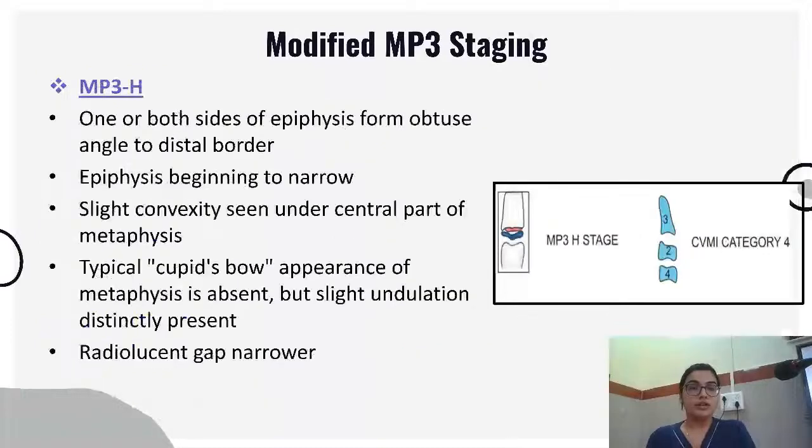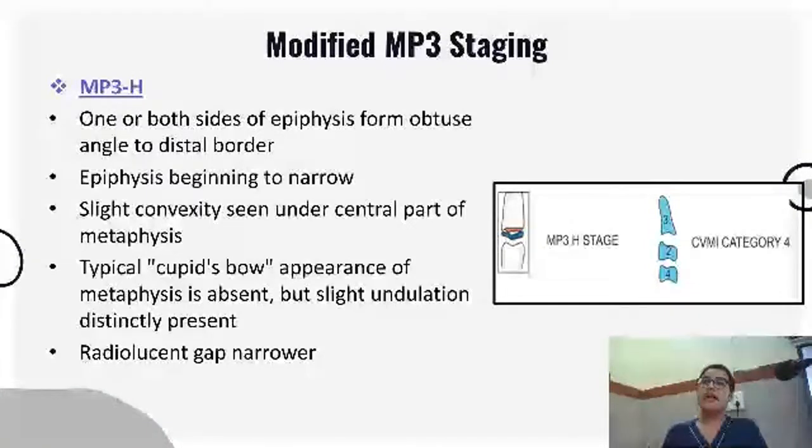In MP3H stage, the epiphysis begins to narrow, with an angle to the distal border. Slight convexity is seen under the central part of the metaphysis, and the typical cupid bow appearance of the metaphysis is not seen in this stage, but slight undulations may be present, and the radiolucent gap between epiphysis and metaphysis is narrow.